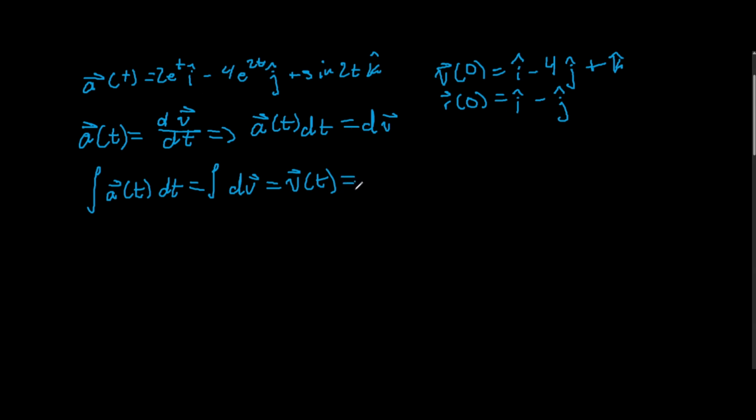And that's the integral of the acceleration function up here, which is 2 times e to the power of t in the i, or x direction, minus 4 times e to the 2t in the j, or y direction, plus sine of 2t in the k, or z direction, with respect to time.